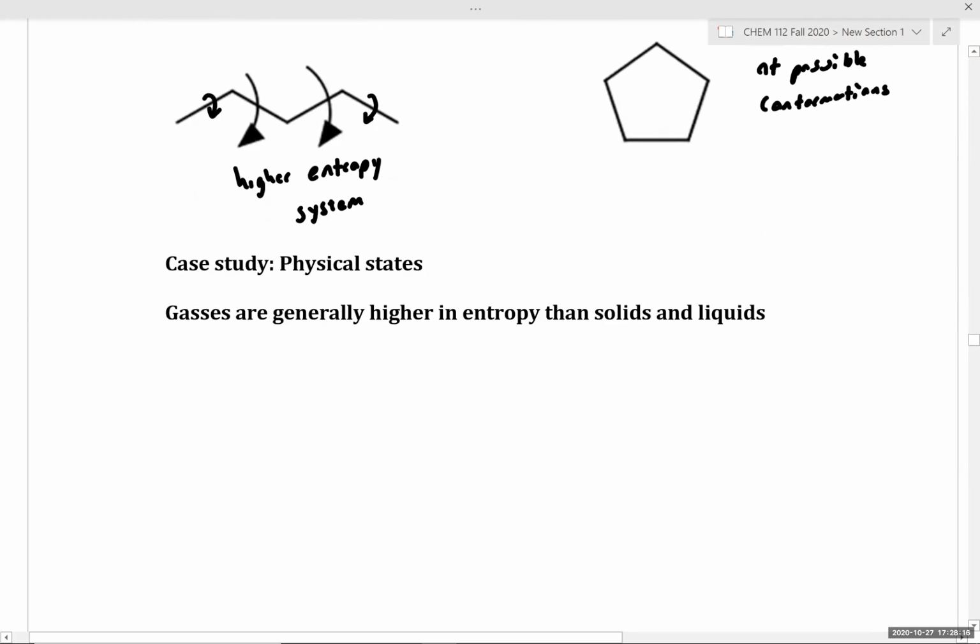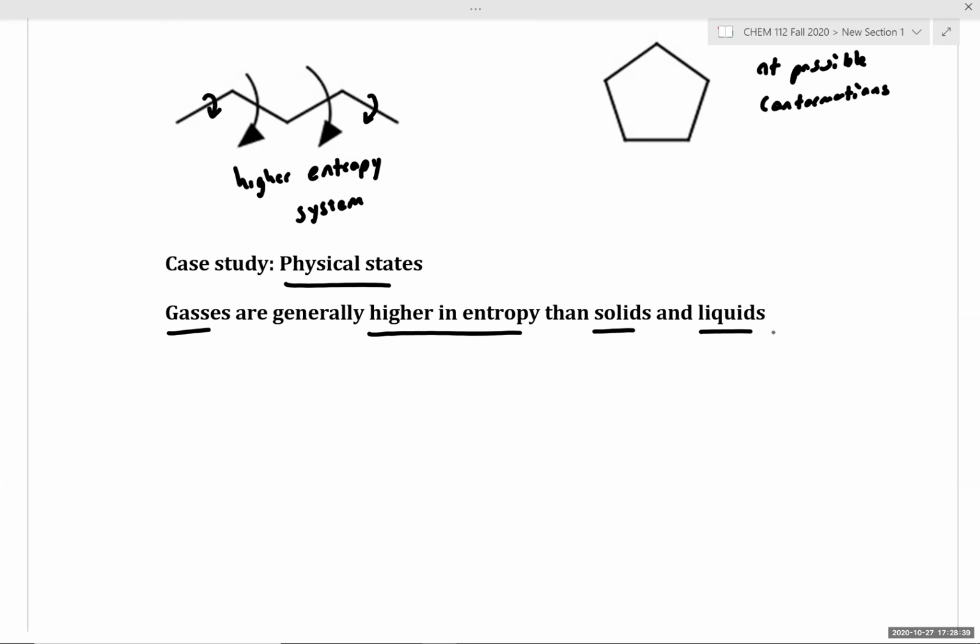The last discussion that I want to have when we talk about entropy is this idea of physical states. This stems from the fact that gases are generally higher in entropy than solids or liquids. Gases have a greater number of possible states they can occupy, and as a result, they're higher in entropy.